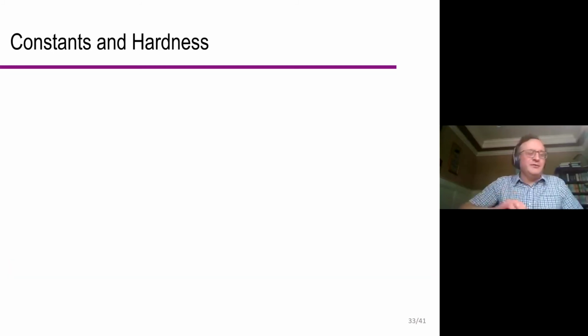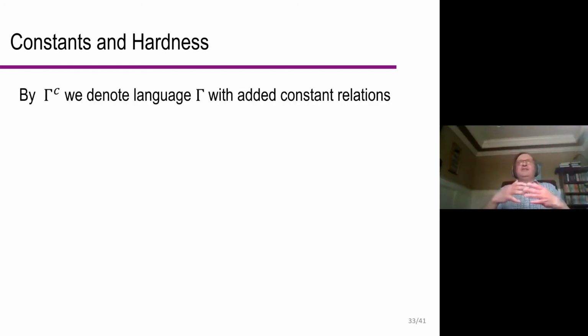So first of all, and that's the first step in the CSP research as well, what we try to do is to say something like this. Suppose I have some constraint language, gamma, right? Now I want to improve it in some sense. Usually this improvement is by adding something useful to it.